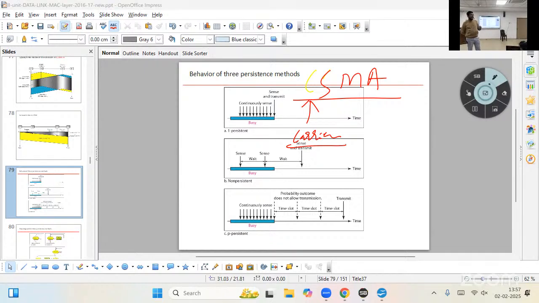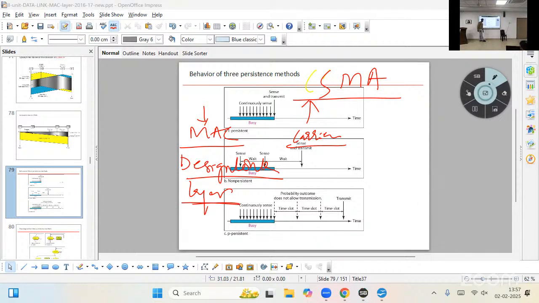The carrier, if you want to transfer the data from a sender to a receiver, we need to send it on the particular channel. Medium access control. The issue comes in the data link layer. What is the issue?